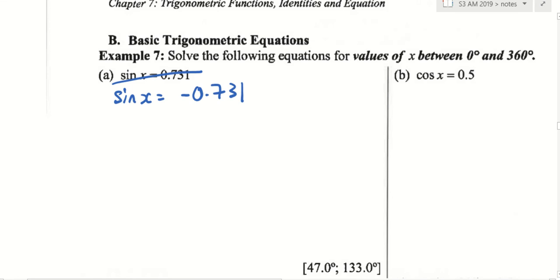I changed it to minus, the answer will be entirely different. But the reference angle, is it the same? Yes. Reference angle is the same. The quadrant different. We only use reference angle. We never use principal value. Up to you. You can write now also can.